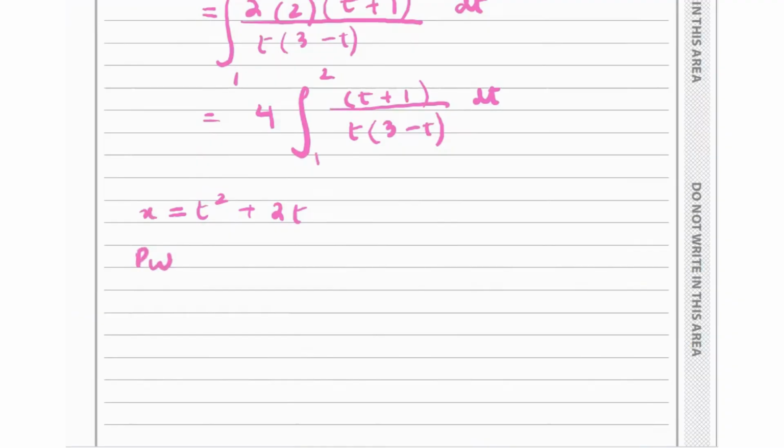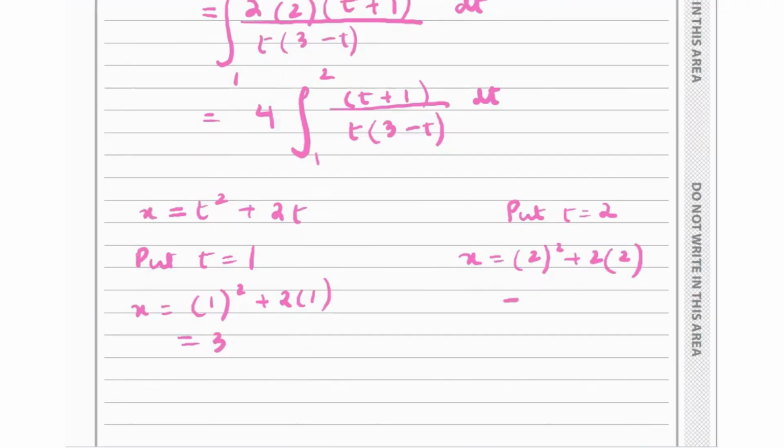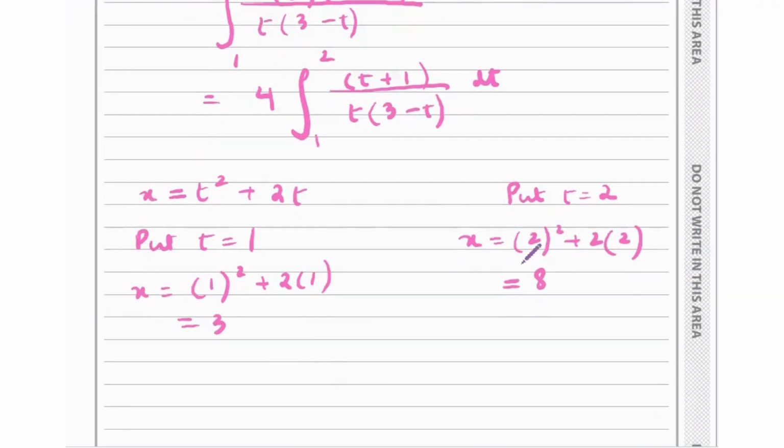Put t equals 1. That's x equals 1 squared plus 2 times 1, which is 3. Then we put t equals 2. That's x equals 2 squared plus 2 times 2, which equals 8.